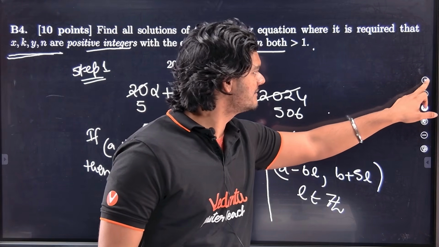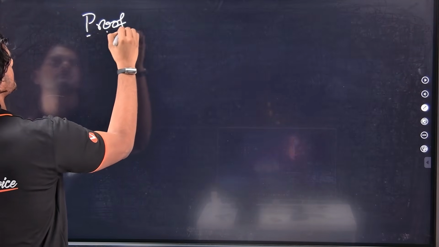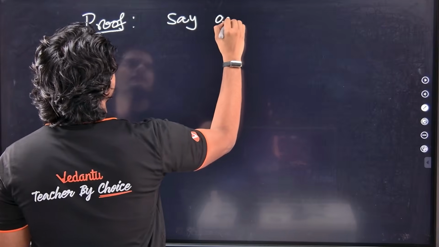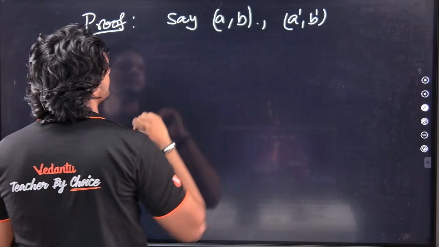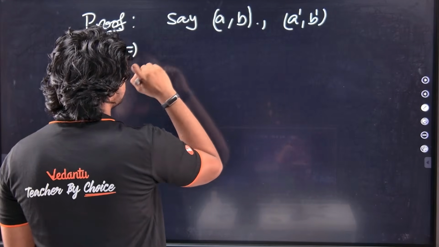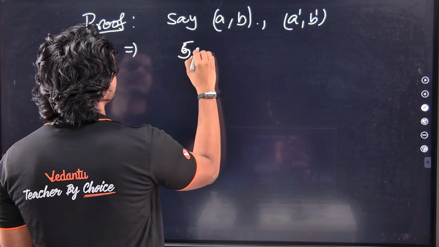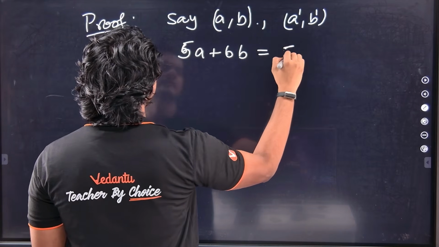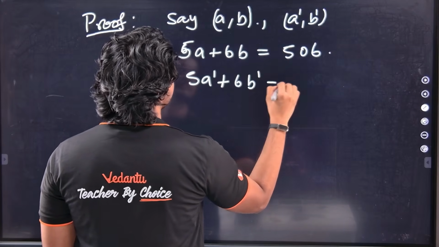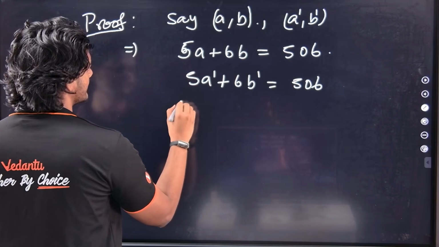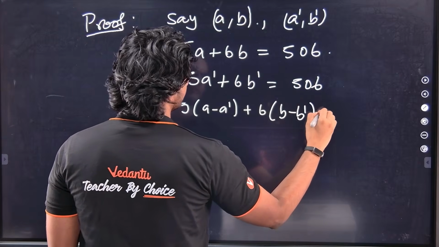So how do we prove that? Proof. Say a comma b is a solution and a dash comma b dash is another solution. That would imply 5a plus 6b equal to 506 and 5a dash plus 6b dash is equal to 506. If you subtract them, it will be 5 into (a minus a dash) plus 6 into (b minus b dash) equal to 0.